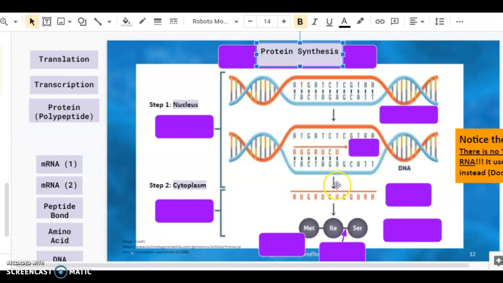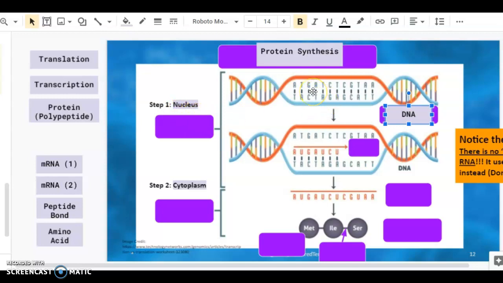So this whole process is known as protein synthesis. And it begins with DNA. Where is DNA found? Well, if it's a eukaryotic cell, it's found in the nucleus.